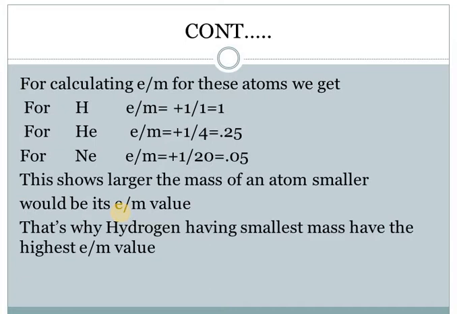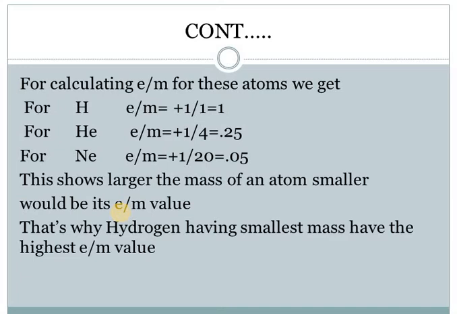That is for hydrogen it is 1, for helium it is 0.25 and for neon it is 0.05. It means that higher or larger the atomic mass, smaller would be its E by M value. Smaller the mass, larger would be its E by M value.